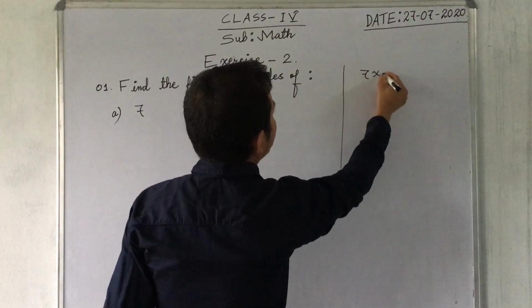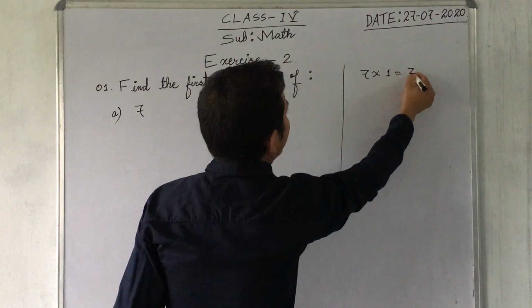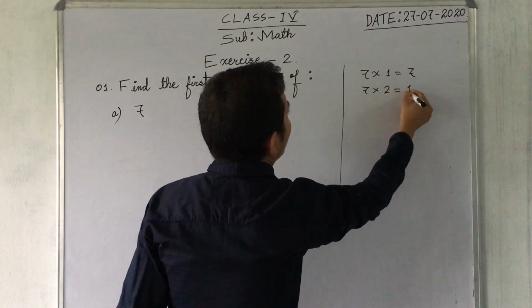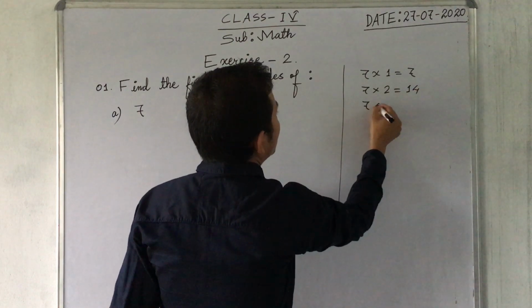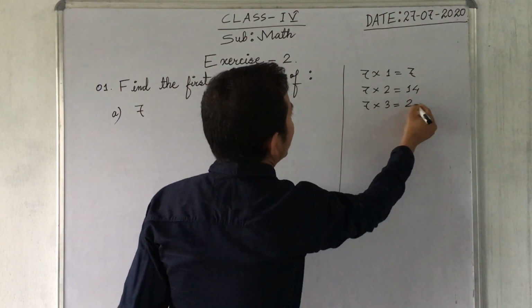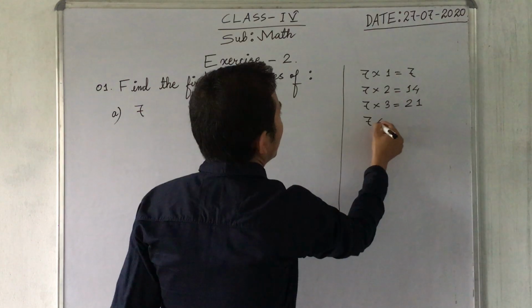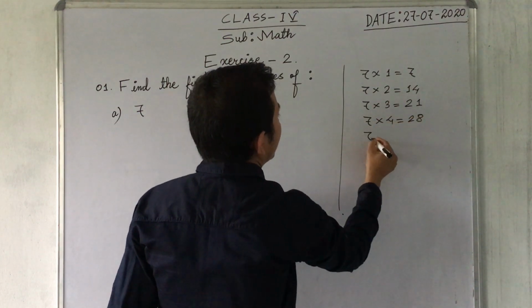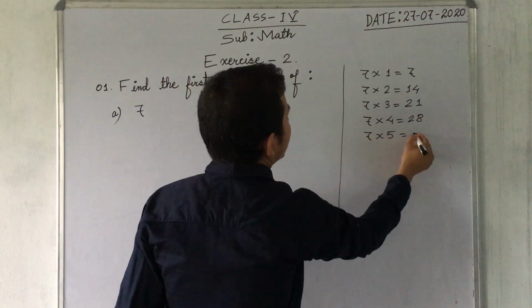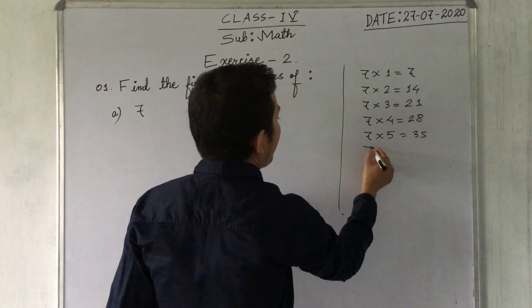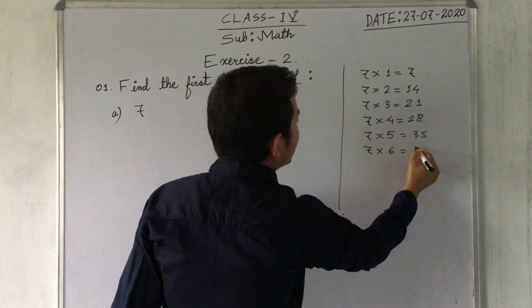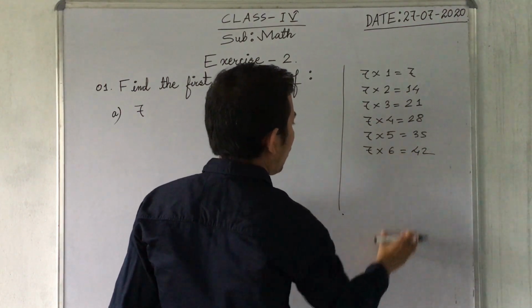So 1 times 7 is 7, 2 times 7 is 14, right? 3 times 7 is 21, 4 times 7 is 28, 5 times 7 is 35, okay? 6 times 7 is 42, and so on.